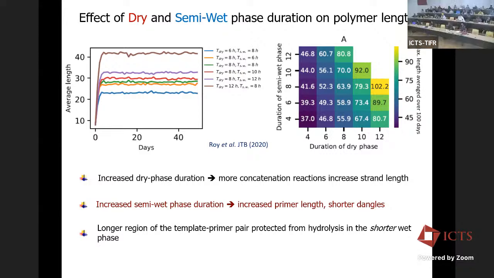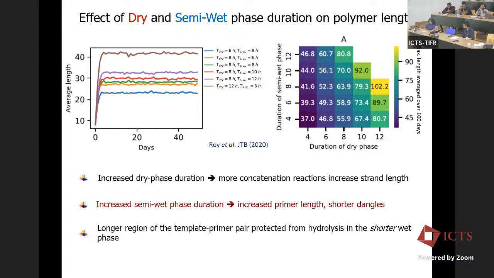So the template-directed primer extension processes are favored in the semi-dry conditions. Those are the faster processes that are taking place. The concatenation process is slower, but you need both processes because you need the template size to also increase. Otherwise, if the template size is fixed, then the complement which is produced will also be of the same size.